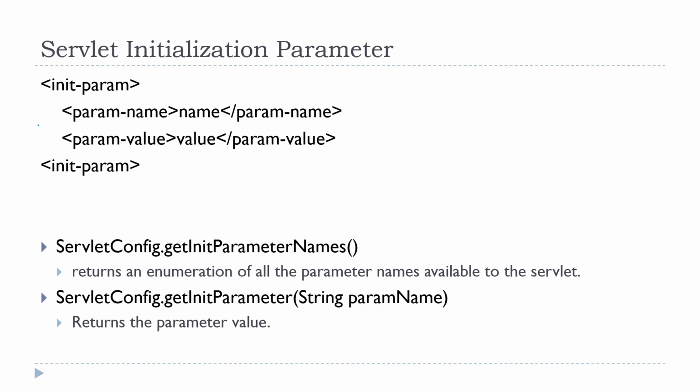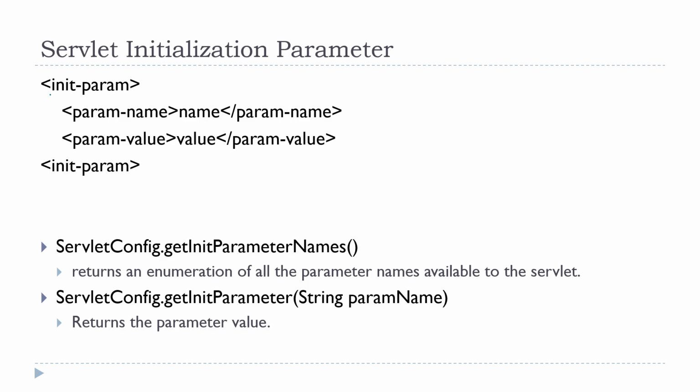One is servlet init parameter and another is context init parameter. The context parameters have a broader scope, so they apply to the complete context or the complete web application. And the servlet parameters are available to the servlet in which we create this parameter. So it is specific to a servlet. Whereas when we create a context parameter, it will be accessible across all servlets which are present in that application.